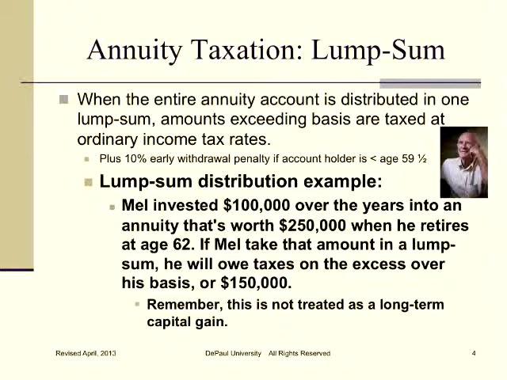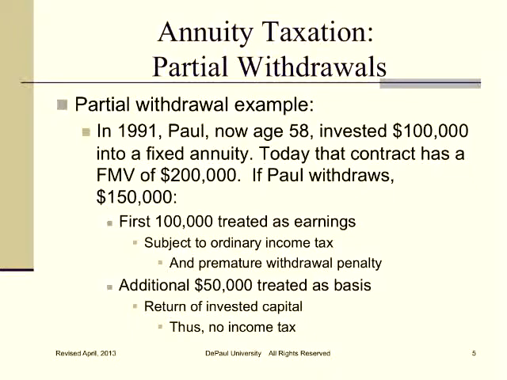The next slide talks about the taxation of partial withdrawals. Paul is 58. He invested $100,000 into his non-qualified annuity, and it's now worth $200,000. He wants to take out $150,000. At age 58, the first $100,000 he takes out is considered earnings. He's taking out $150,000.